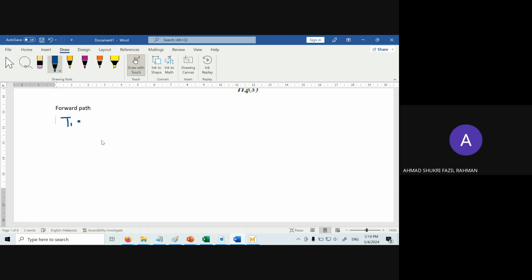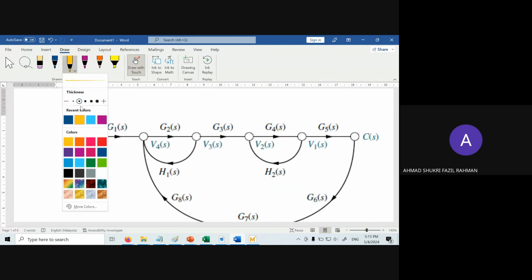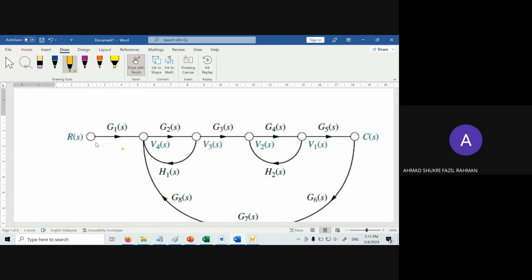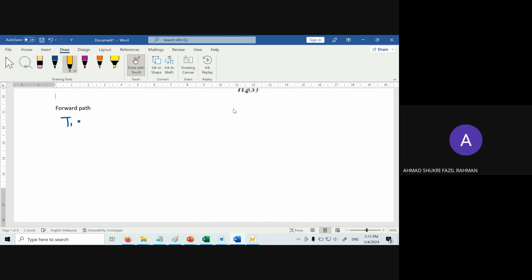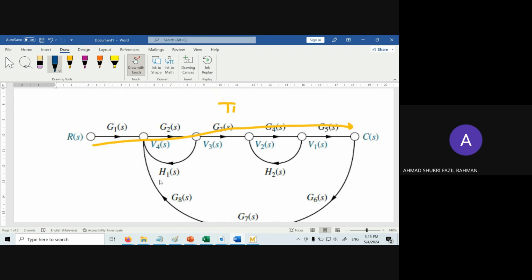T1 is equal to G1(s) from here. Identify G1(s), G2, G3, G4, and then G5.